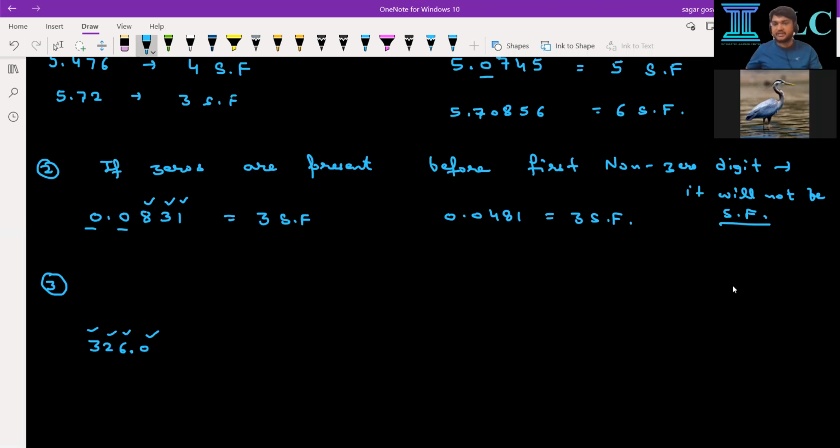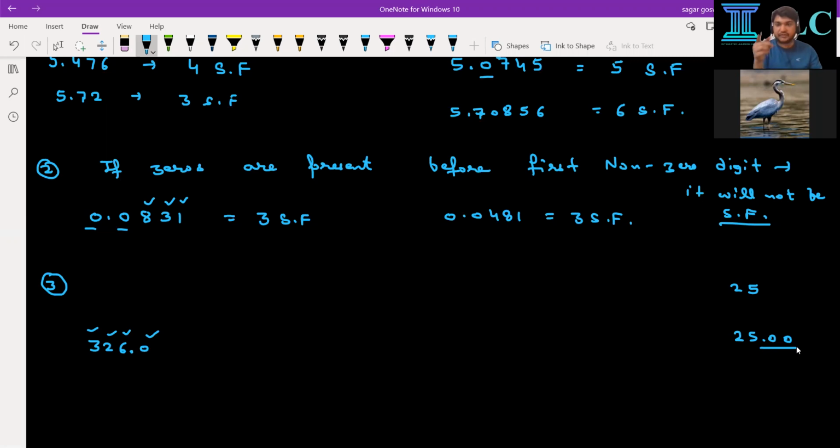See Vishnu, if I am saying 25, I have two significant figures. But if I say 25.00, you will say, sir, it has the same meaning. But actually, when I write point zero zero, it means I am taking care of two digits after the point.